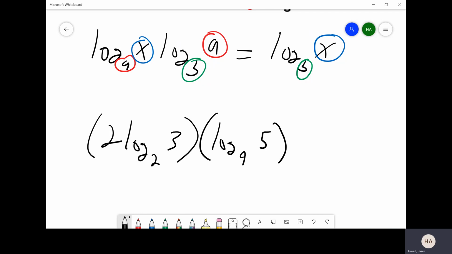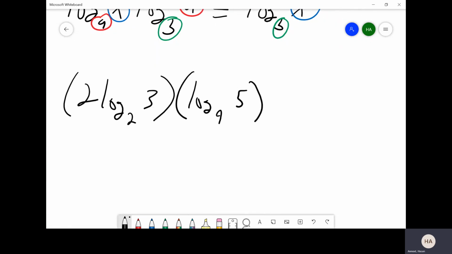So what I'm going to do is simplify this logarithm first. I'm going to say, okay, well, this is equivalent to, and I'm just writing an equal sign underneath for the sake of space here, log base 2 of 3 squared. I took my coefficient and I moved it to the exponent's place. The exponent is now tied to the value inside that logarithm.